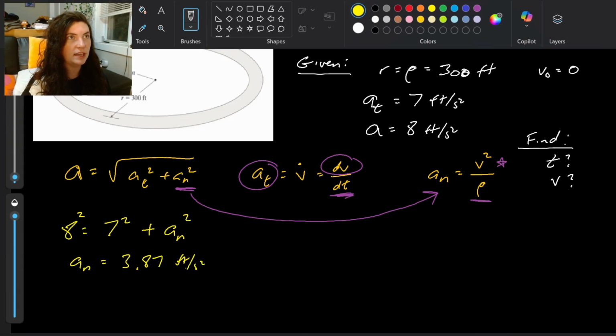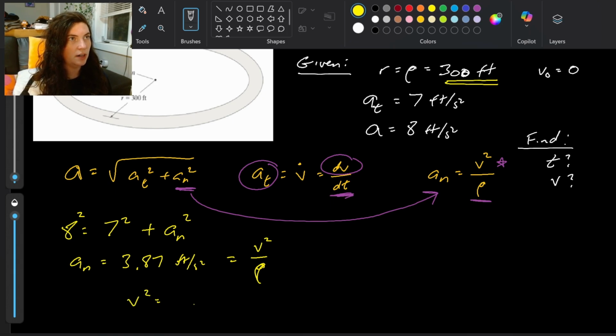Now that I have this, I can plug it into v squared over rho, right? This normal acceleration equals v squared over rho. And I know what rho is. It's that 300 feet that was given as the radius of the racetrack, the radius of the curve, the radius of curvature.